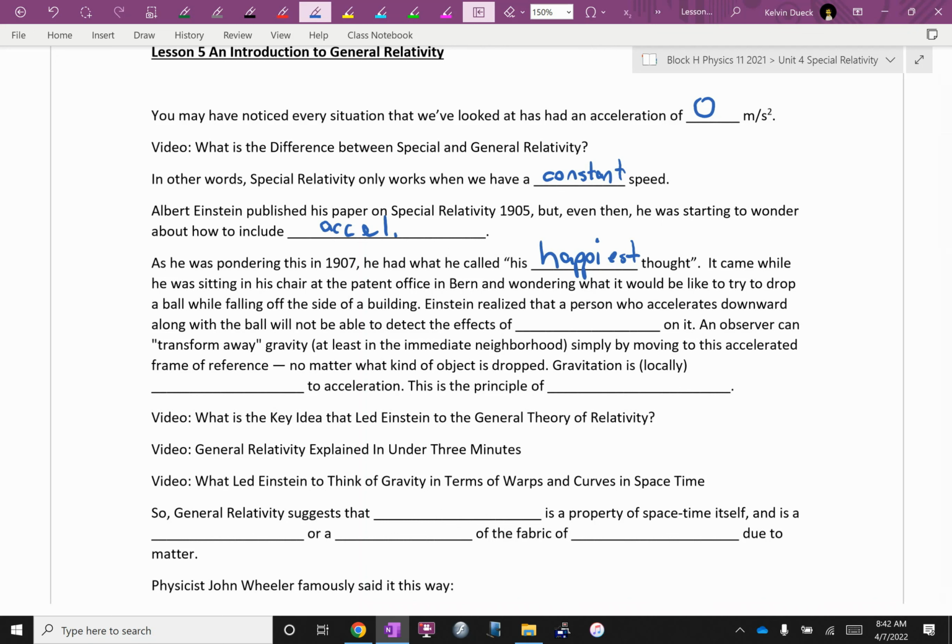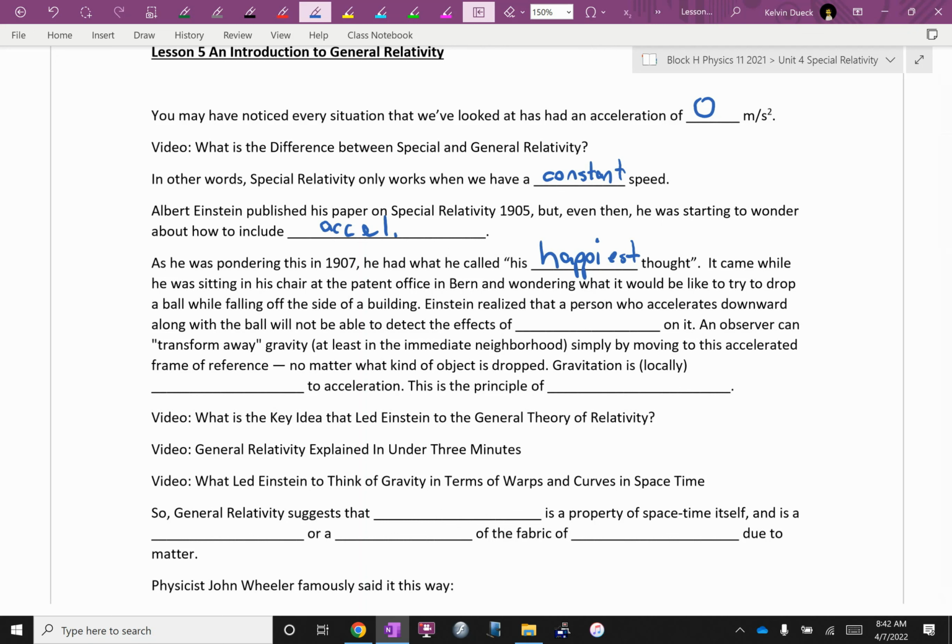Now, someone watching them would see them both accelerating at negative 9.8 meters per second squared. But the person in free fall, when they let the ball go, and again, as always, we're ignoring air resistance. Let's pretend we're in a vacuum. They would see the ball moving down at 9.8 meters per second squared. Well, so are they. The ball would appear to them to be floating. And this was his hook.